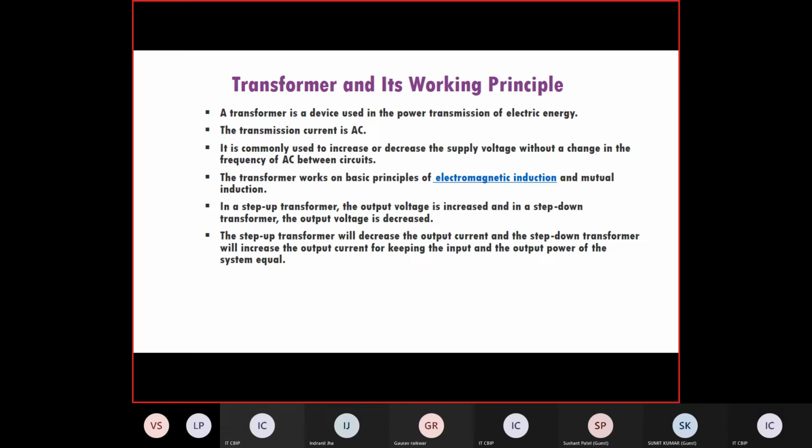And we use a transformer in transporting the electric energy, electric power from one end to another end. And in our power system, the very basic, very fundamental thing of the power system is that we have to generate at one end and transport it to the other end where the load is located, where the consumers are located.